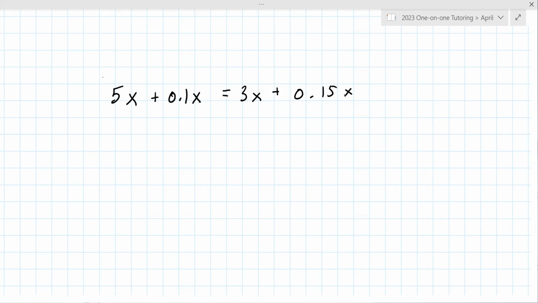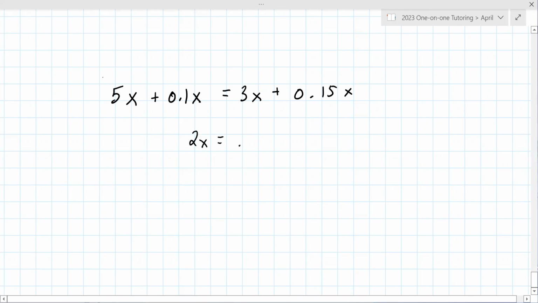So 2x equals 0.05x. 0.05x, that's right. Yeah.